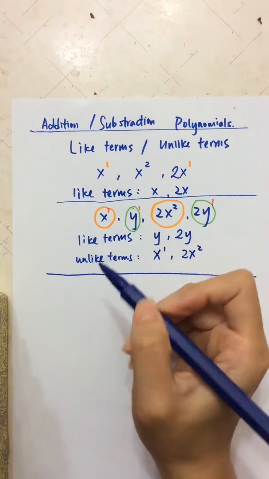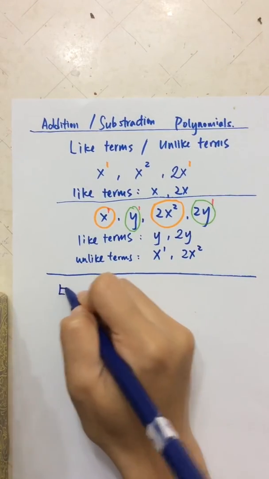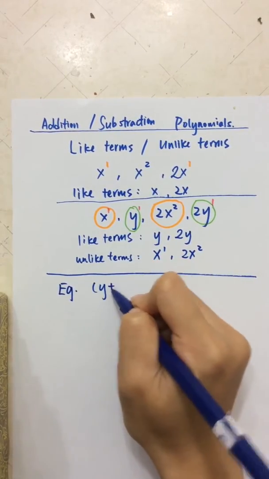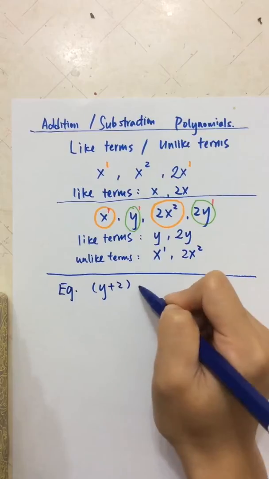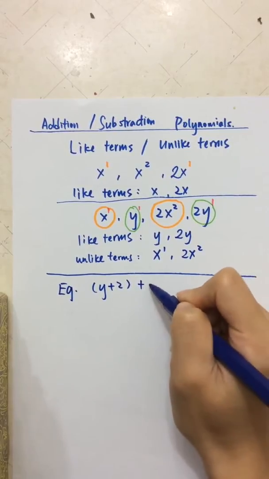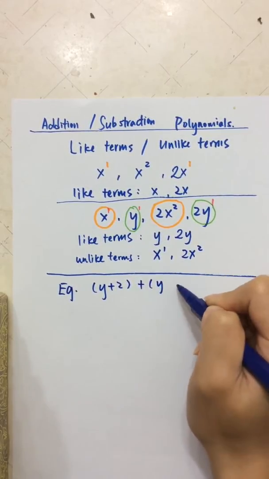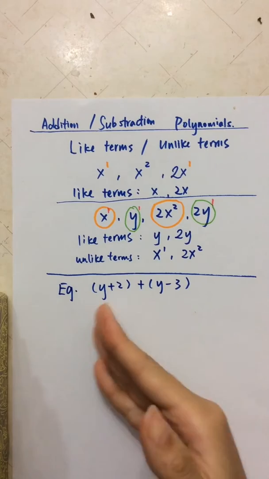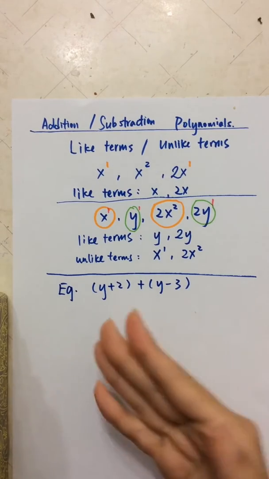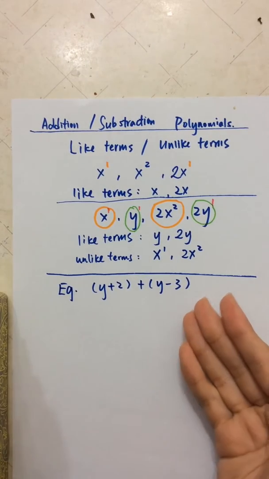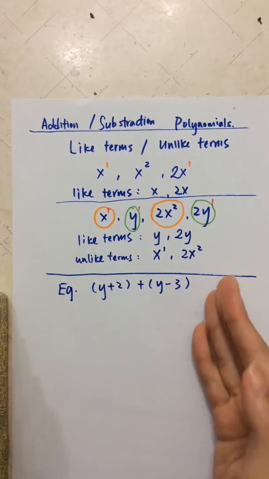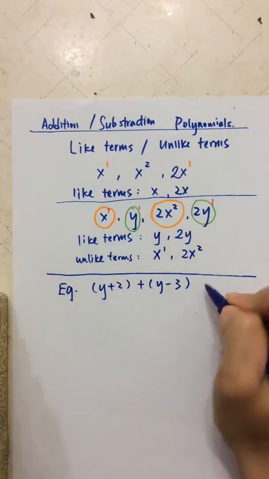So I give you one example here. When you see this calculation, what will you think about it? Okay, what is the first step? Will you remove the bracket first, or will you group the like terms? First, when we want to simplify step by step, we need to remove the bracket first.